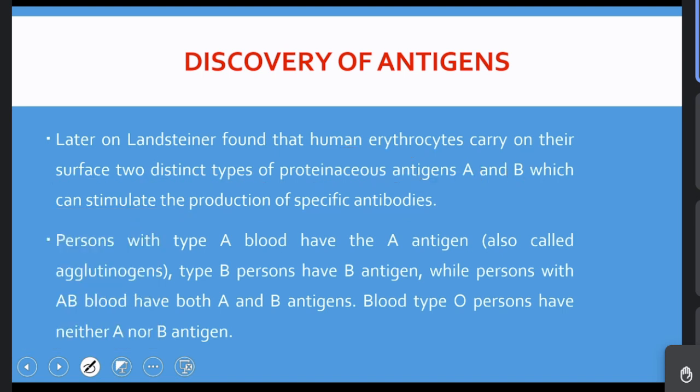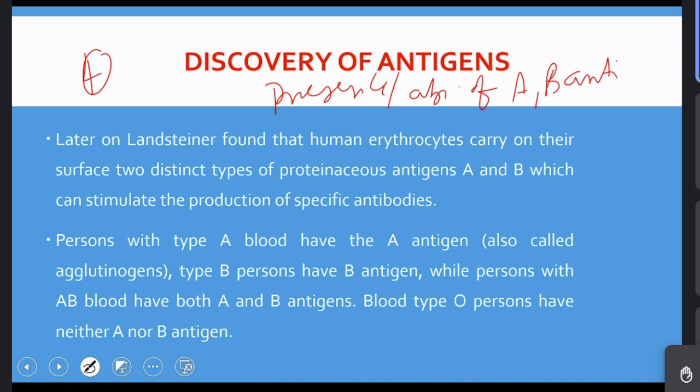So how are you going to say that there are four blood groups? Just by the presence or absence of A and B antigens.